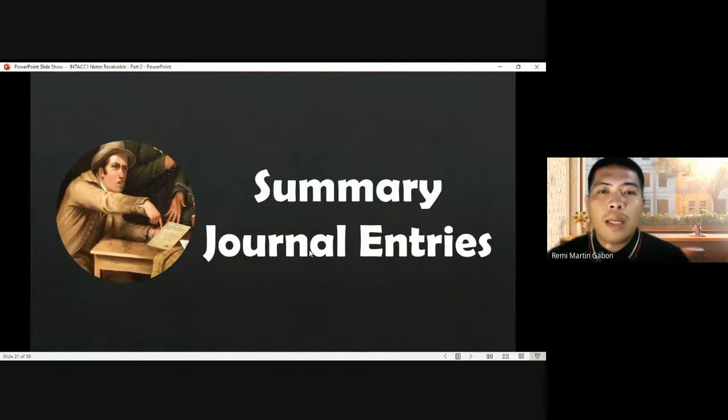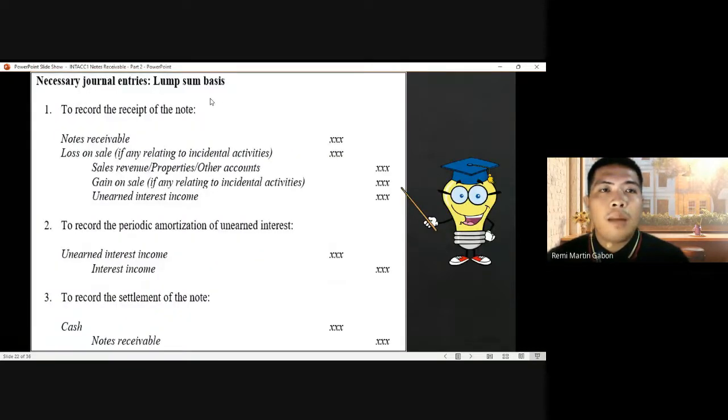So summary journal entries. For lump sum basis, to record the receipt of the note, debit notes receivable, credit sales revenue if referring to dealings with customers. Then properties if referring to sale of properties referring to incidental activities.